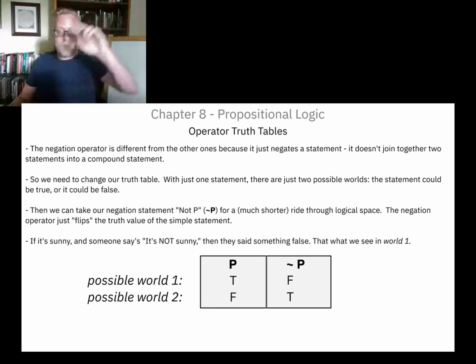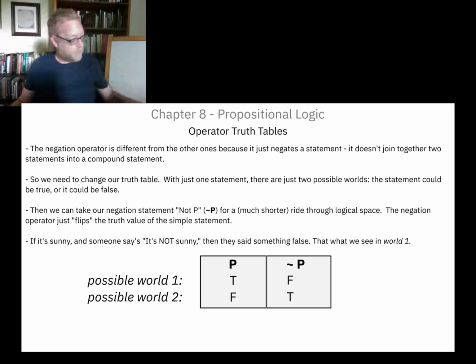If P stands for it's sunny, and we're in world 1 where that's true, so we're in a world where it is sunny, and then I come along, I'm going for a ride through logical space, and here I am visiting this first corner, and I announce it's not sunny, then my statement is false. That statement is false in that world.